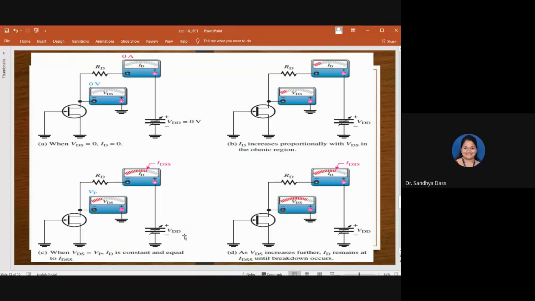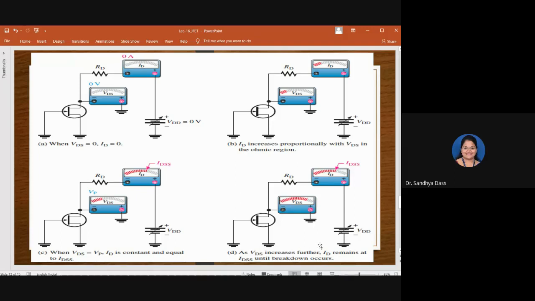So when VDD, that is VDS, is equal to VP, the drain current will be almost constant, okay, in a practical scenario, which we call IDSS. So when VDS is equal to VP, current will be IDSS, which is a constant drain current, all right.